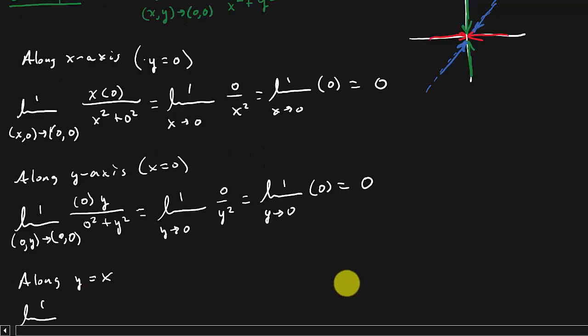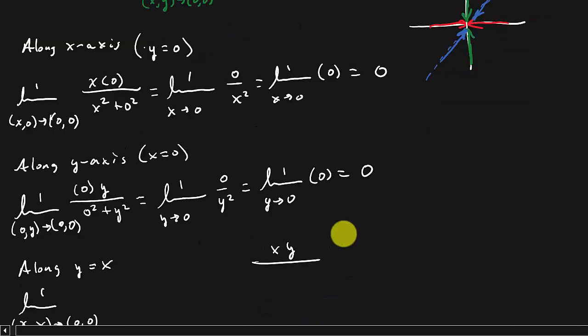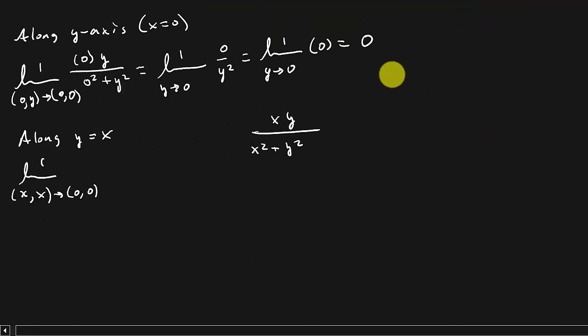Okay, and now let's just write this: xy over x squared plus y squared. All I did, I just copied this down here so we could look at it. So what we're doing here is we're replacing the y values with x. So this is going to be x times x over x squared plus x squared.